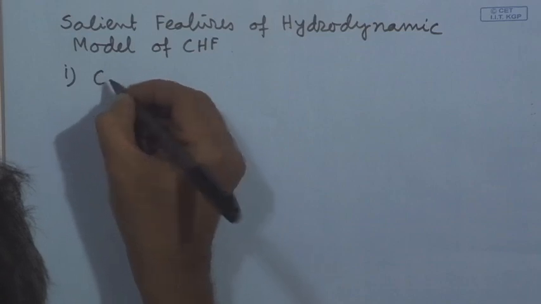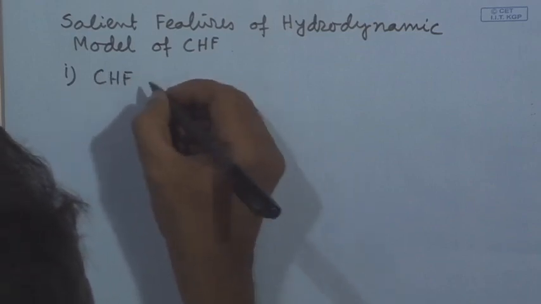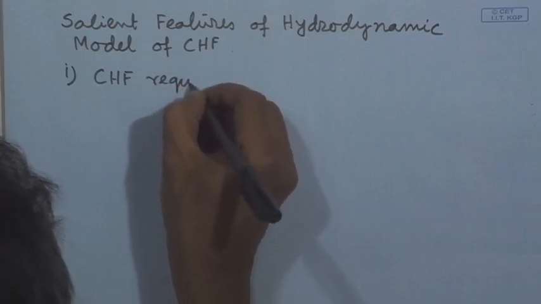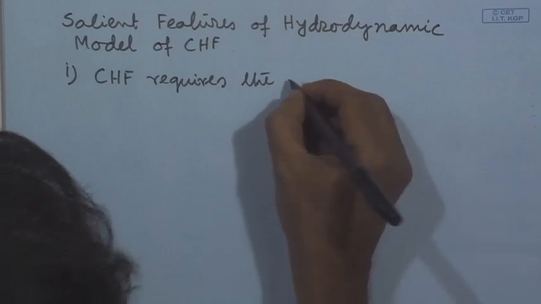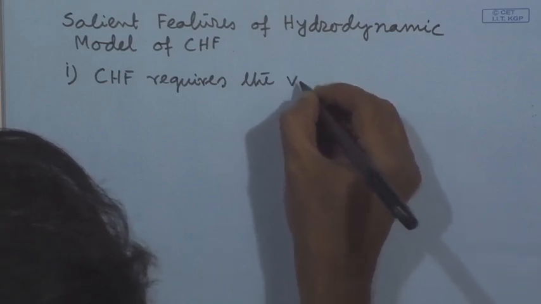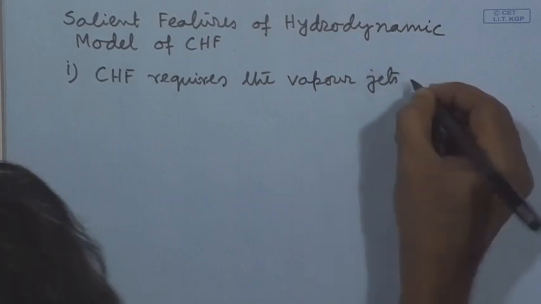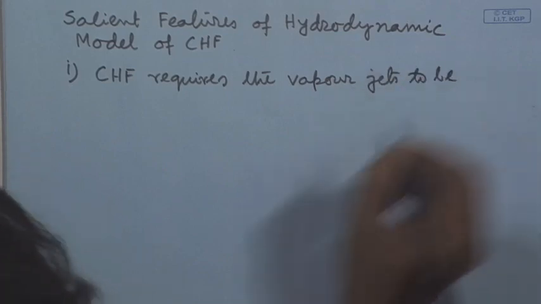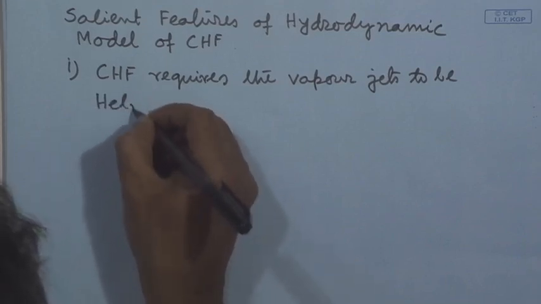So, CHF requires the vapor jets to be Helmholtz unstable.